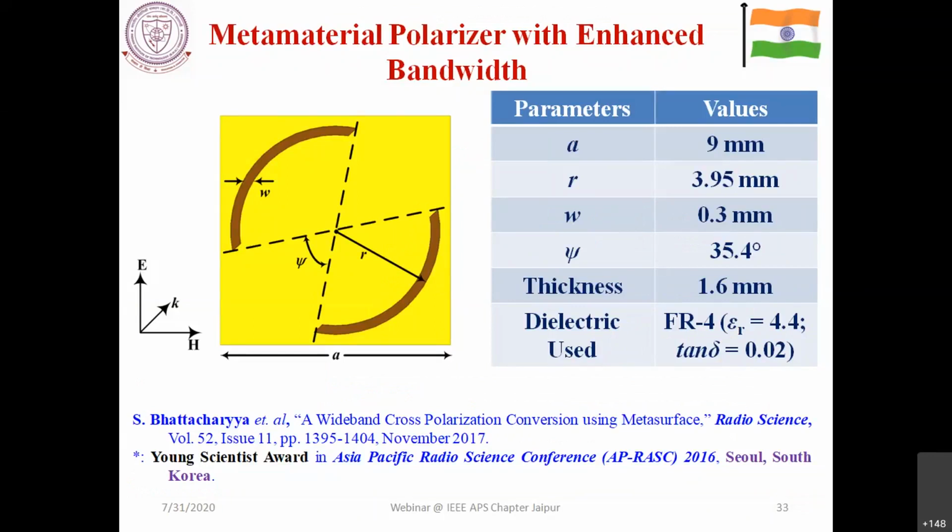You may think it is working as an absorber. But you can see that there is some kind of anisotropy involved in the design. Whenever there is an anisotropic design, you can consider that there is a feasibility that the structure is behaving as a polarization converter.